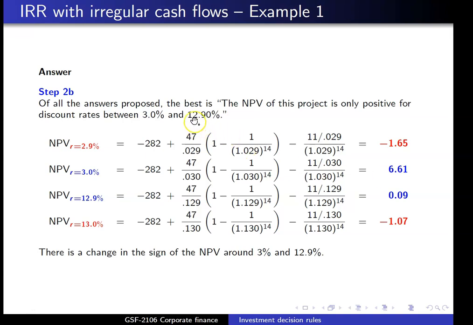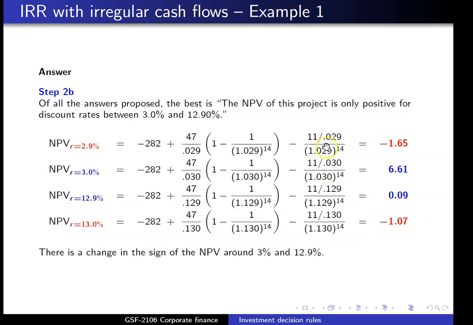Now we need to verify that 12.9 is also approximately an internal rate of return. So past 12.9, the net present value should go from positive to negative. Net present value at 12.9 is 0.09. Net present value at 13, so 12.9 plus 0.1, is negative.